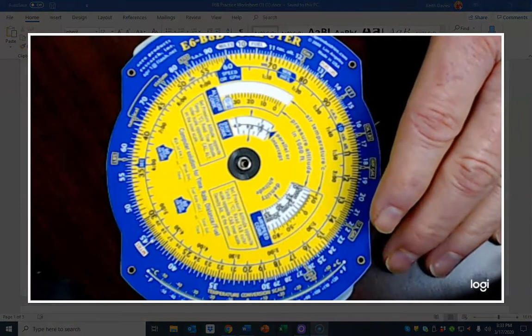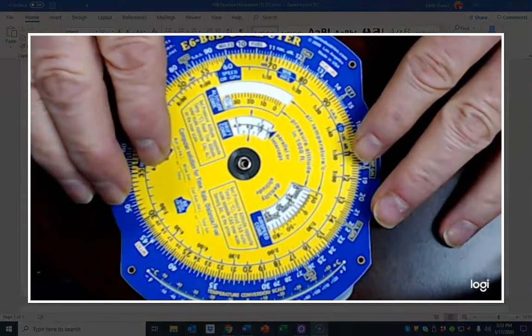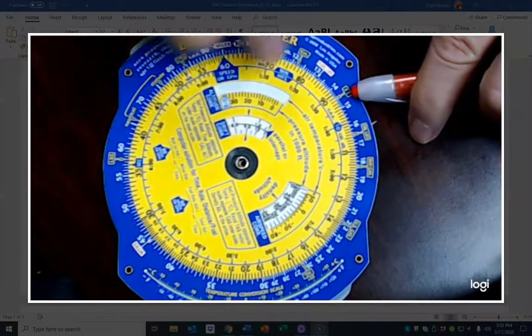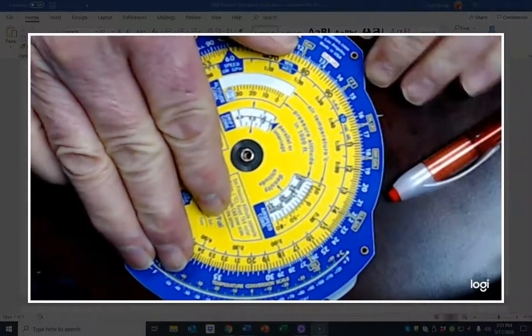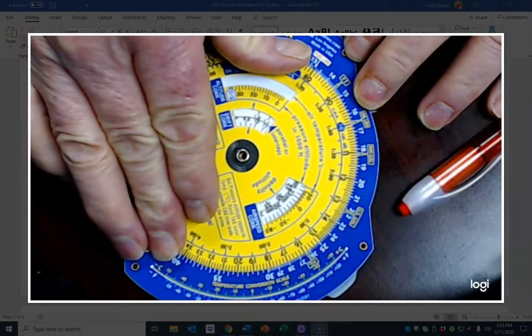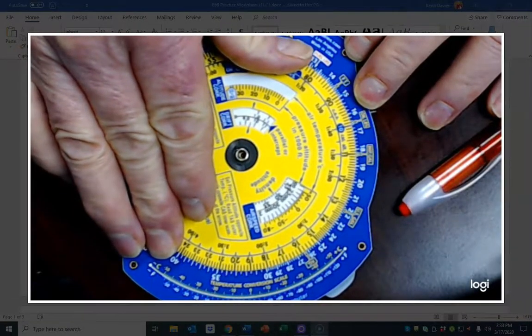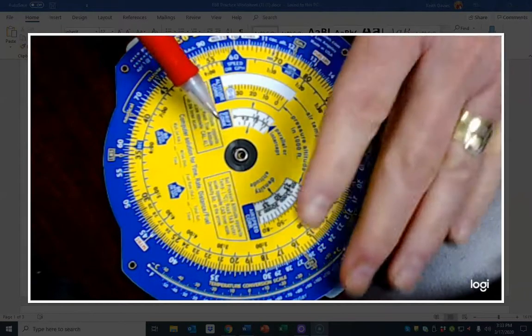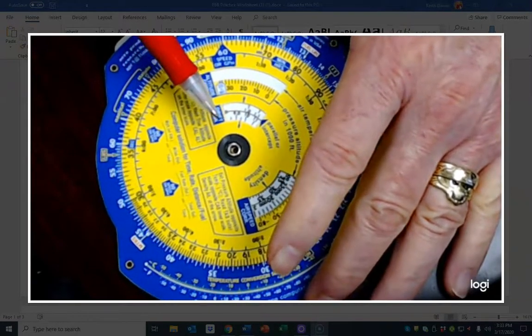All right, so 15 nautical miles is right here on the outside. And 9 minutes, I'm just going to move and put the inner ring to 9. There we go, 9 minutes. So you can see I've got it lined up 15 miles in 9 minutes. Okay. So then I just go straight over. Let's slide it up a little bit. There you go.